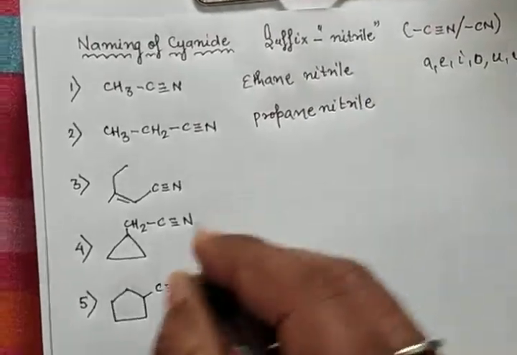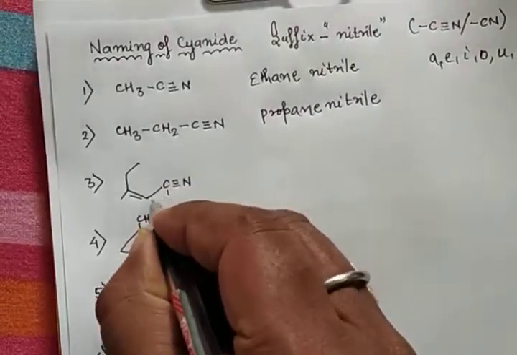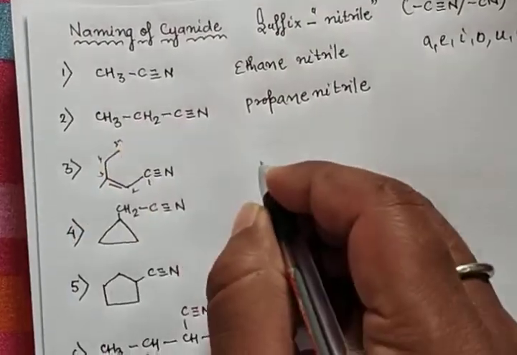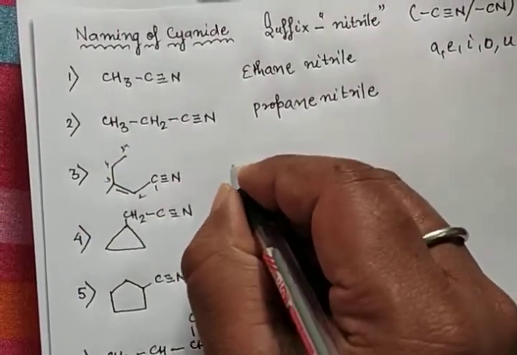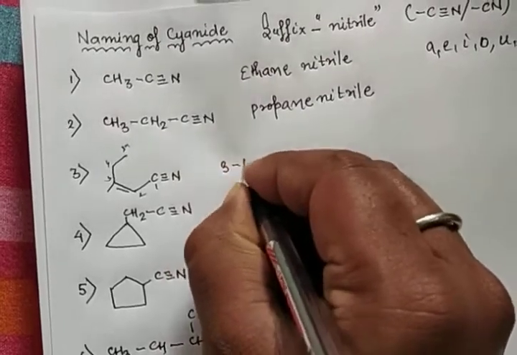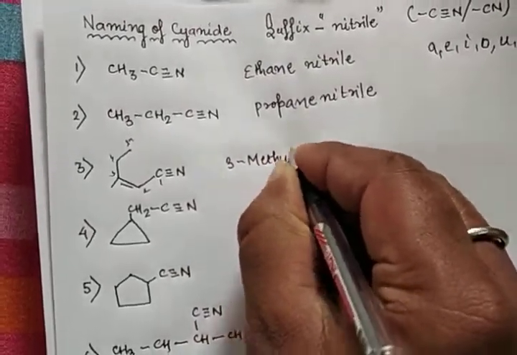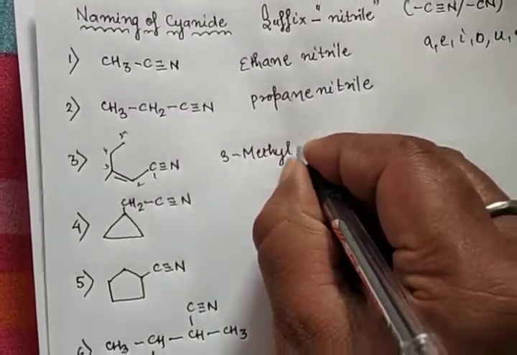Now suppose there is this type of structure, 1, 2, 3, 4, then 5. At position 3 there is a methyl group, 3-methyl, and how many carbons in the long chain?